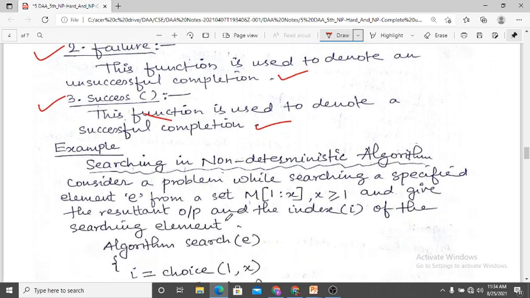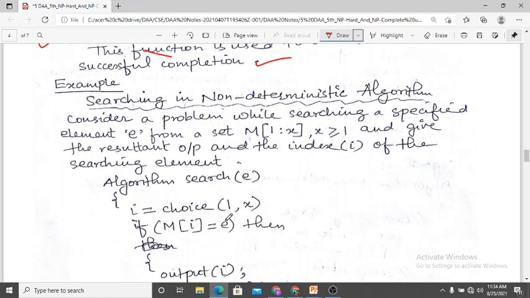Here, if we take the example of searching in a non-deterministic algorithm, consider a problem of searching for a specific element E from a set of n elements, where n should be greater than or equal to 1.